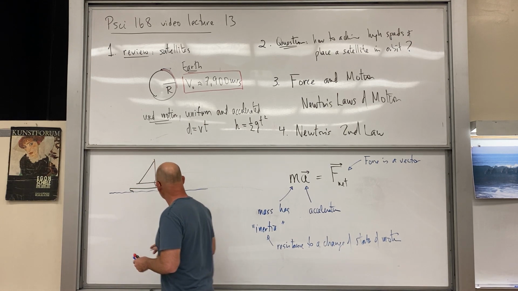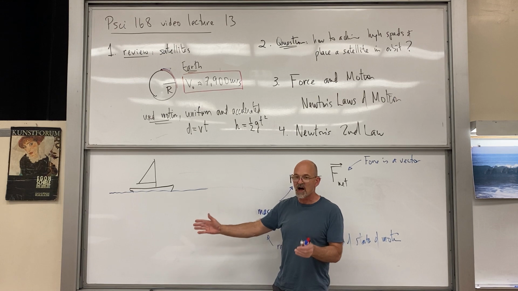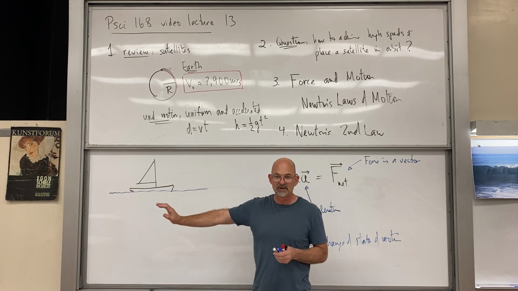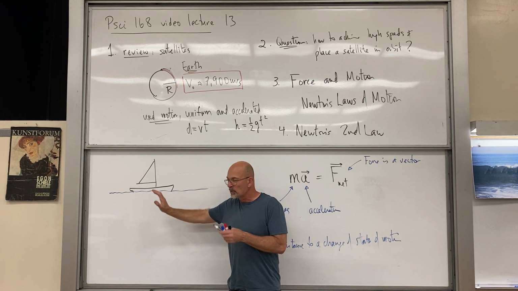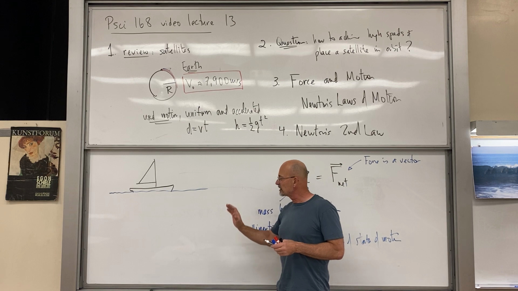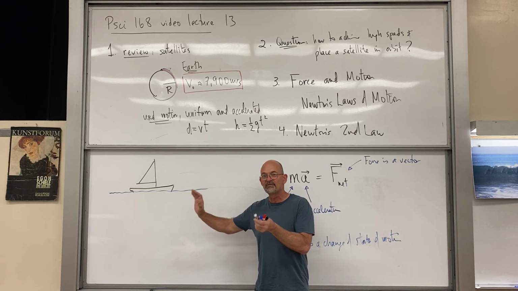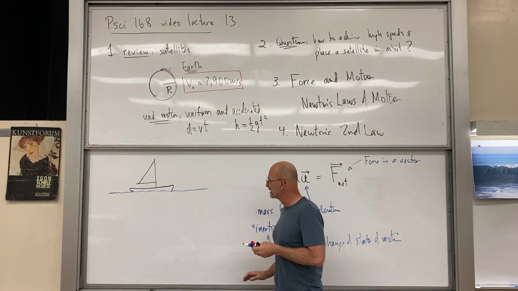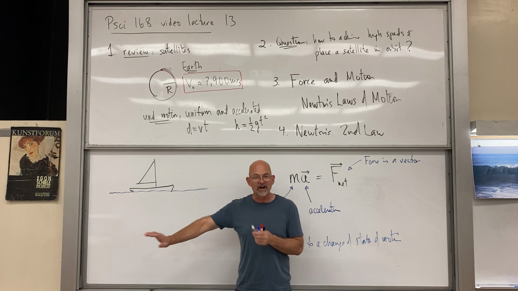Point is, if you ever have a chance to come up to a boat at a dock at rest and give it a push, it's going to float away with very little friction involved, and you can get a feel for what it means to exert a force on something and really feel that inertia. You can't do that with a car because there's just too much friction.